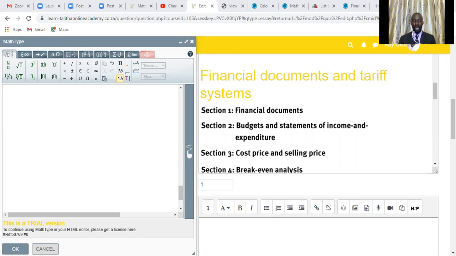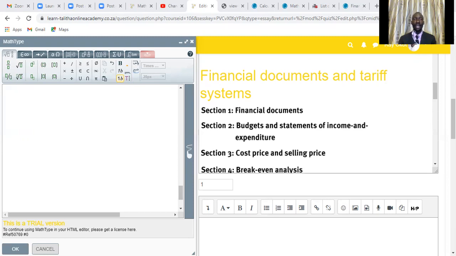You will be able to understand clearly, use these words, and also apply them in solving questions related to financial documents. You will also be able to explain or demonstrate how the values in the financial documents are determined.